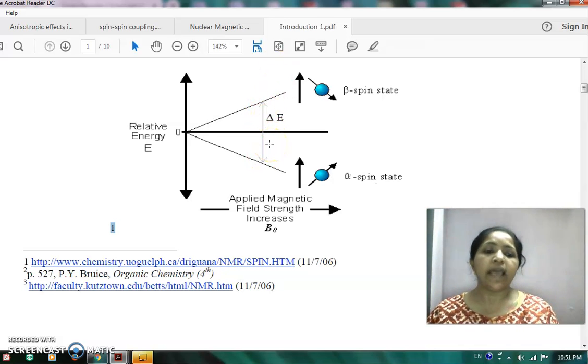Even though it has a certain amount of gap, we take it as equivalent to 0. So that particular compound is called the reference compound, and normally we take it as tetramethylsilane, Si(CH3)4.